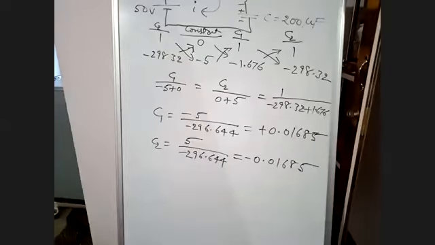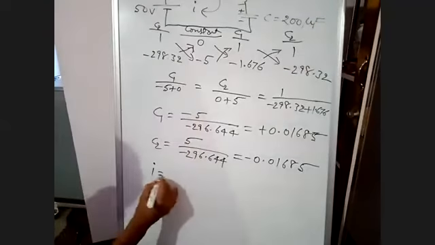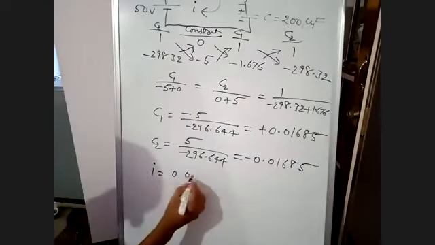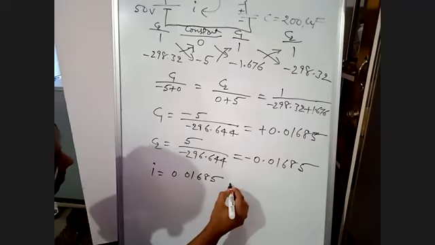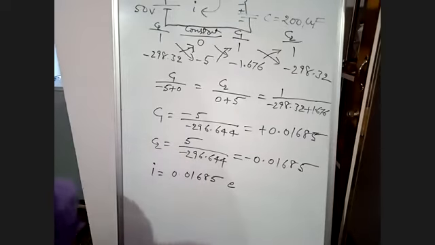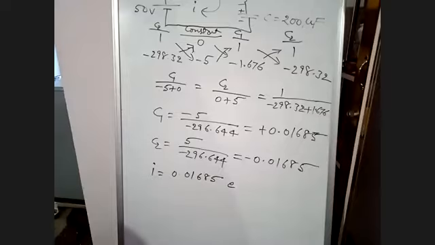In this way, we will solve for C1 and C2. Now substitute C1 and C2 in equation 2. What is this equation? e power minus 1.67.